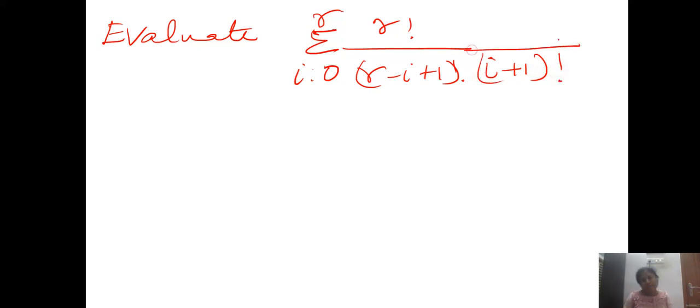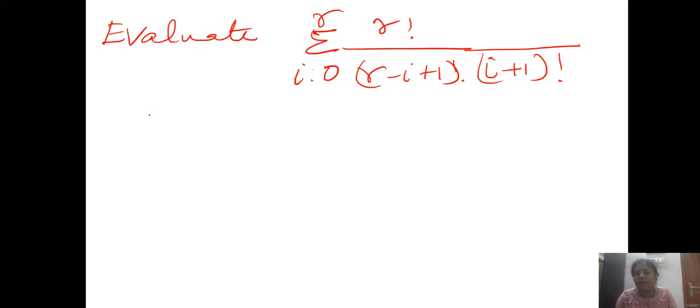As I told you, I am going to use generating functions. I can apply either OGF or EGF, and the first approach I am going to use is EGF, because I am looking at the factorial denominators and immediately thinking of exponential generating functions.